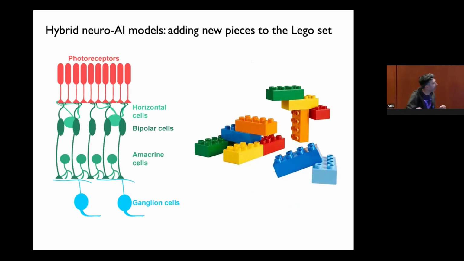With that analogy in mind, what we've started doing is making new custom Lego pieces to put in the Lego kit. I'll show you some work describing a photoreceptor layer, literally a little computational model of the signal transduction cascade in photoreceptors that we can stick onto the front end of these models.